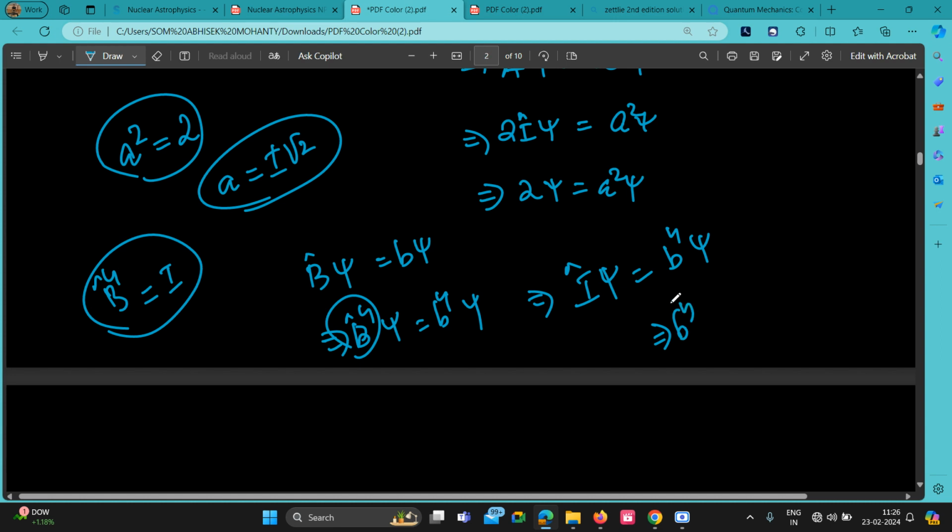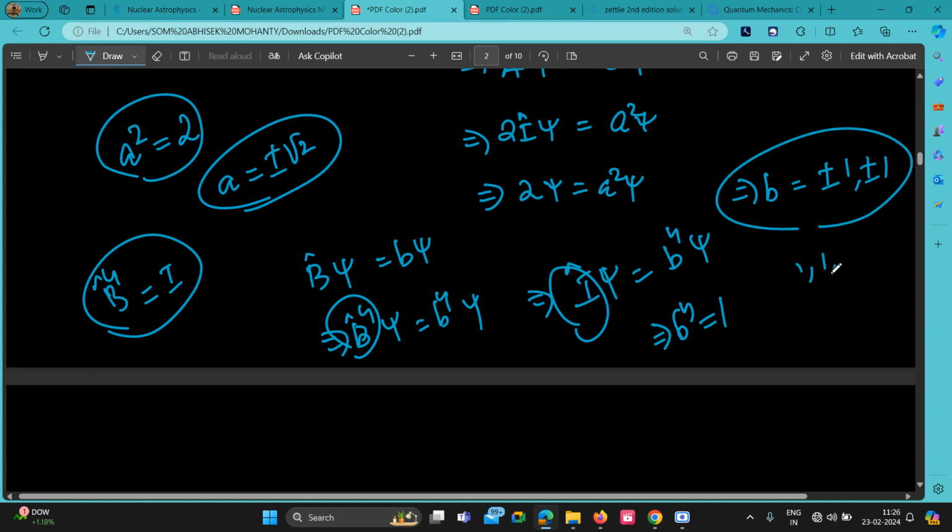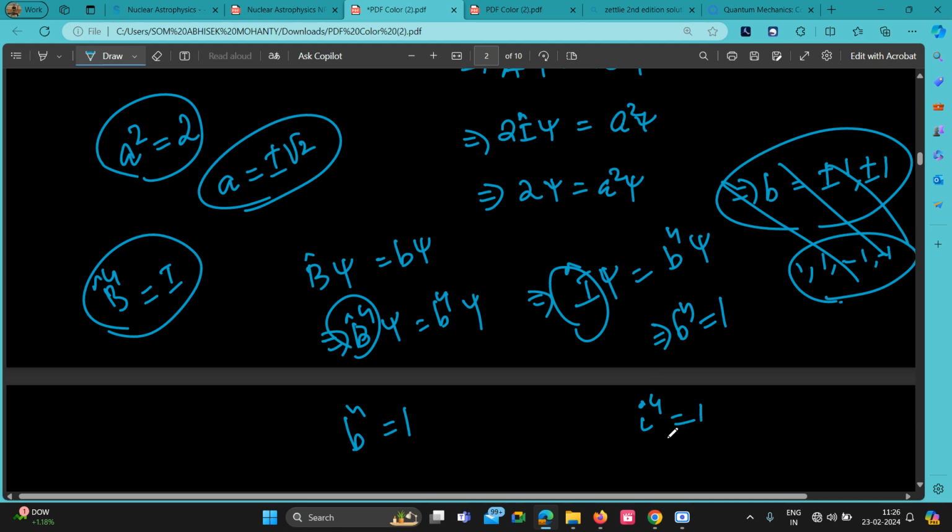So the eigenvalue of I is 1, so B fourth is equal to 1. So B is equal to plus or minus 1 again. Sorry, sorry. B fourth is equal to I, and I fourth is also 1. So plus or minus 1, plus or minus i.